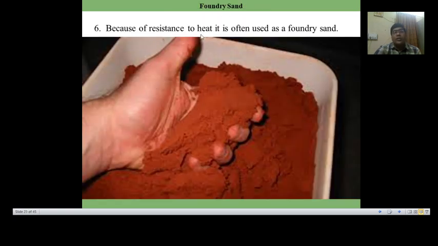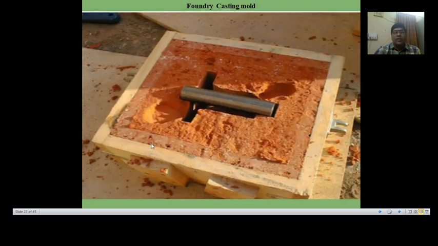Now, because of its resistance to heat, as quartz is highly refractory in nature, having the ability to withstand high heat, it is often used as foundry sand. This is the sand, called foundry sand, red in color. Such sand materials are used for preparing the mold. See, the opening is there for the material which is to be cast inside it.